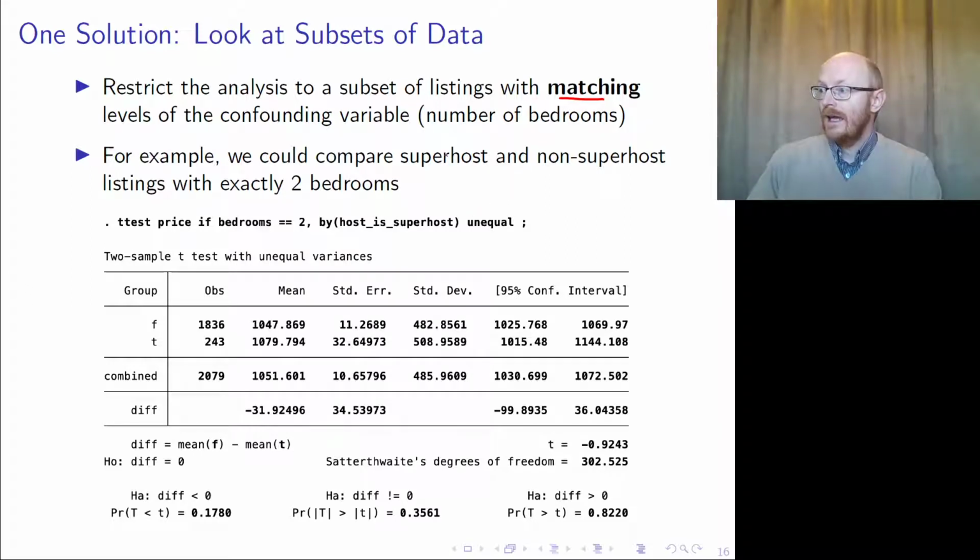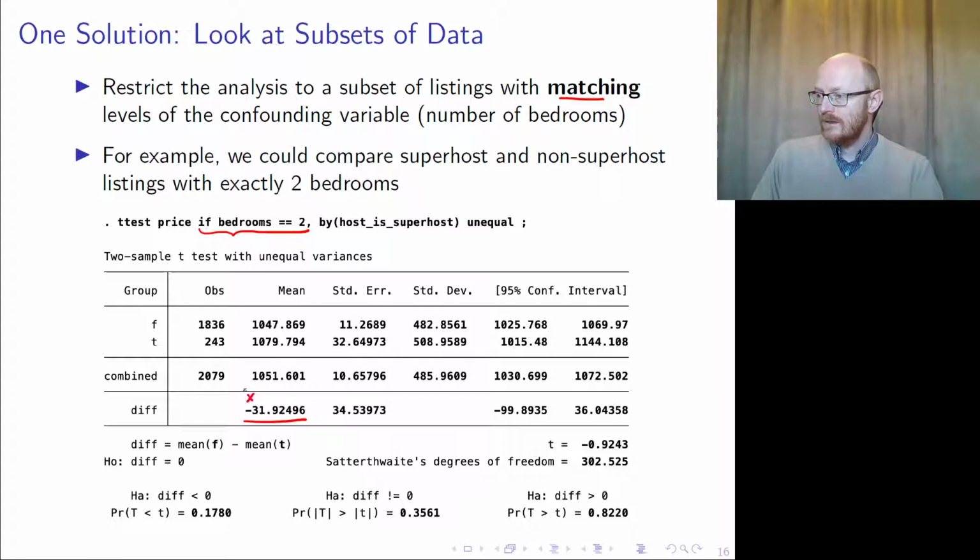We do that by using the t-test as in the previous video, but we just include if bedrooms are strictly equal to 2. And we get the t-test result, and we have the difference between the means.